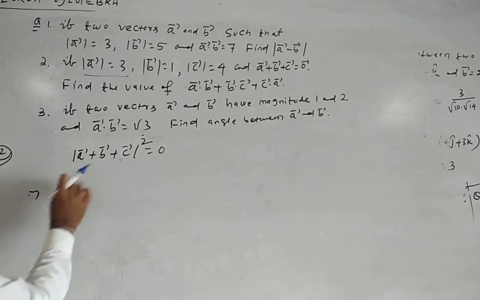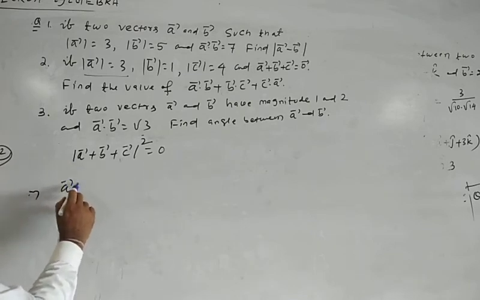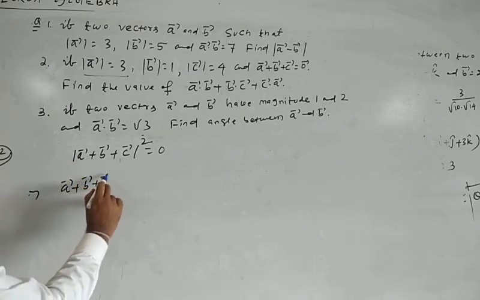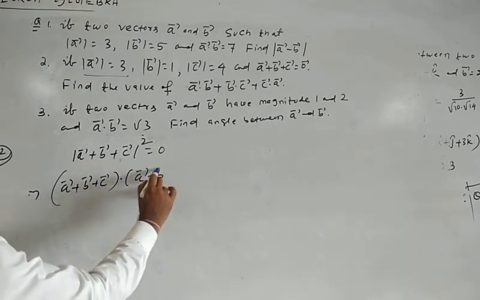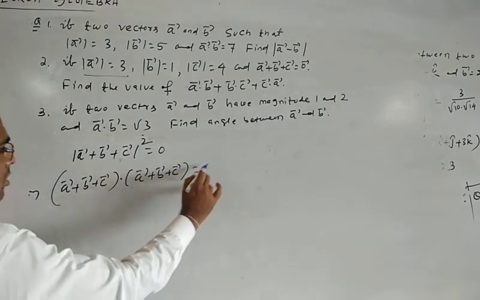That implies A plus B plus C dot A plus B plus C is equal to 0.